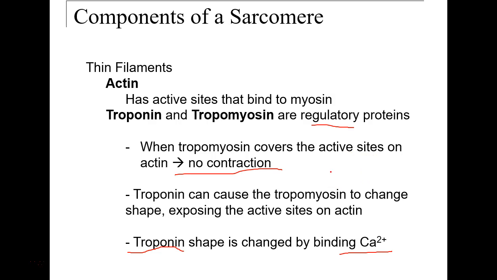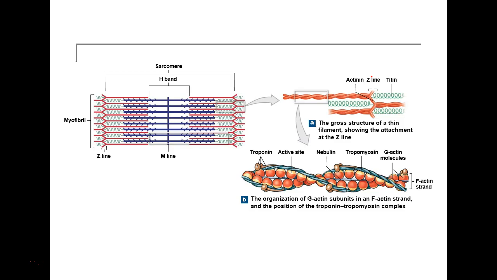This will shorten the sarcomere, allowing for contraction to happen along the entire myofibril. At the same time, all those myofibrils will contract at the same time within a muscle fiber, creating a chain reaction.